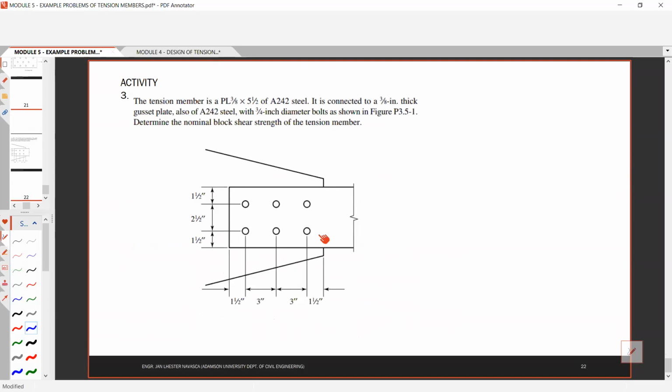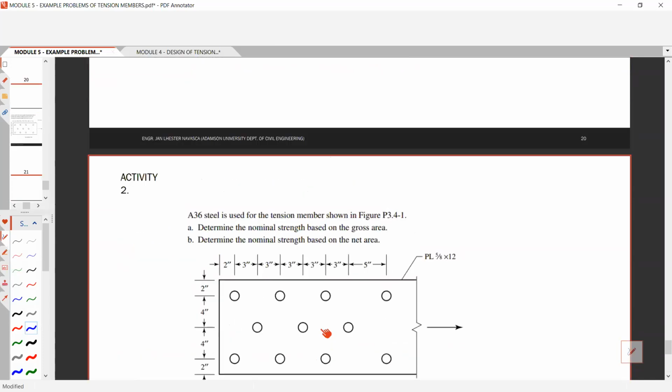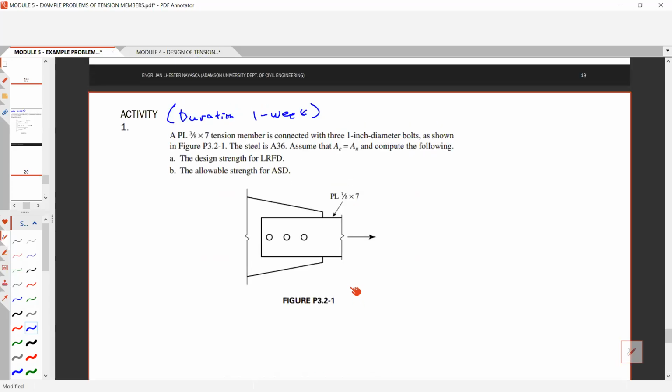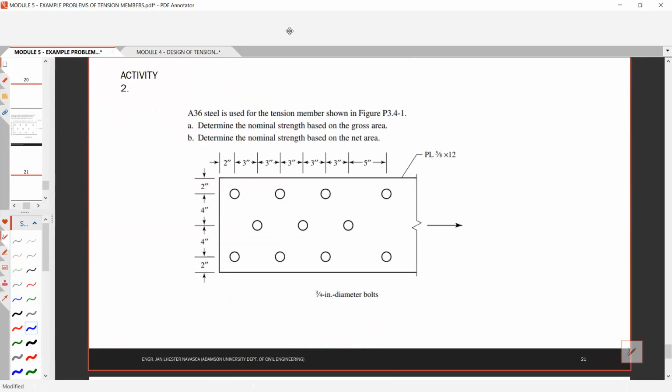This is a plate, so no need to solve for U. Using A242 steel, just check the AISC manual or what I gave in the module, I think module 3. In module 3, you can check the properties of A242 steel. Okay, do you have any questions, class?